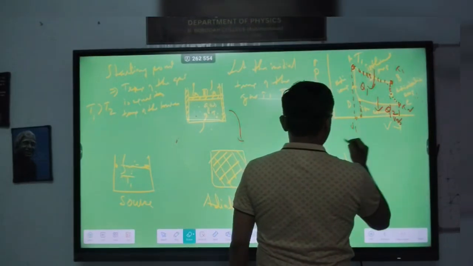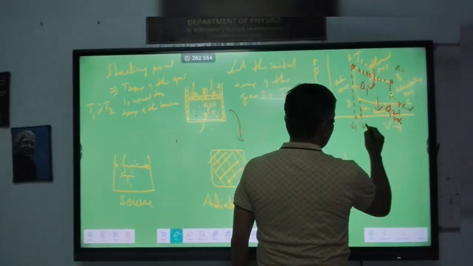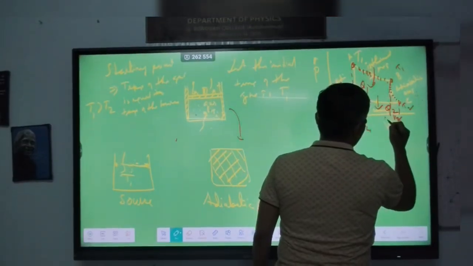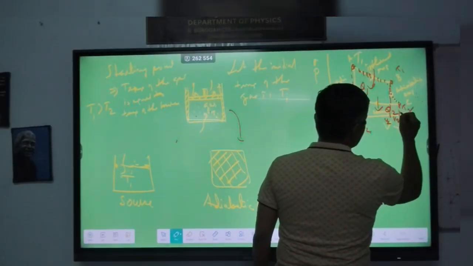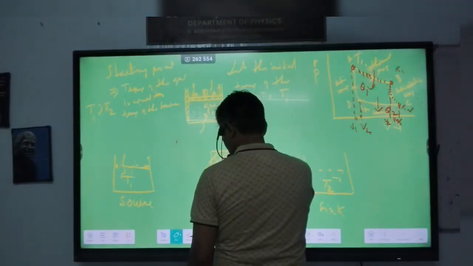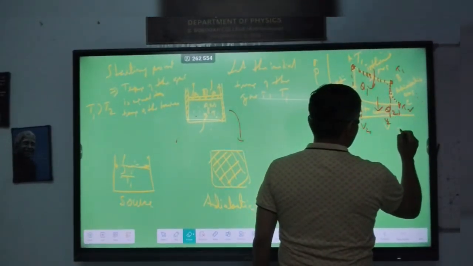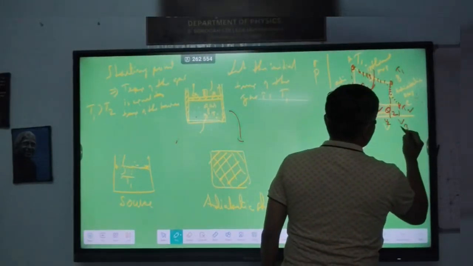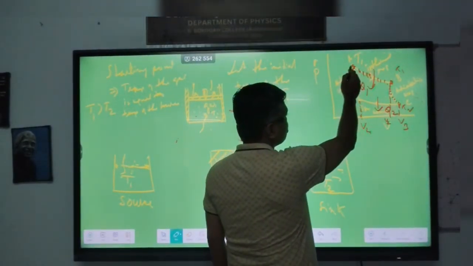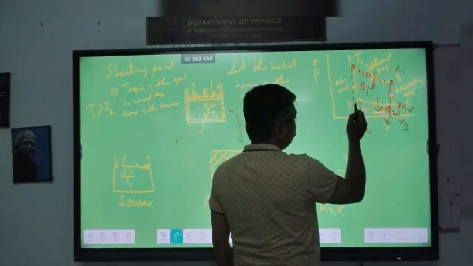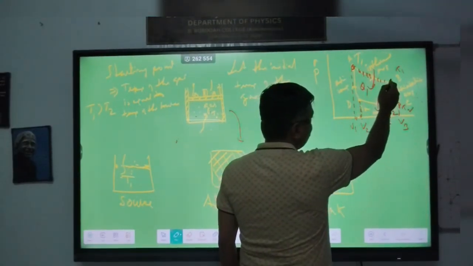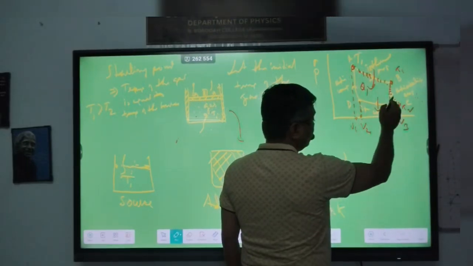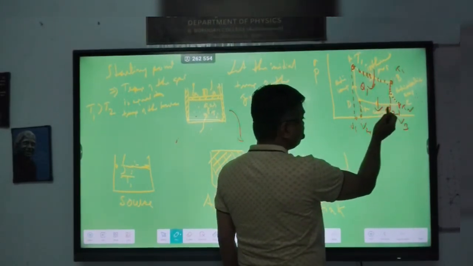So the gas is coming from A to B, which means it is coming from volume V1 to V2, then from B to C it is expanding from volume V2 to V3, then V3 to V4.